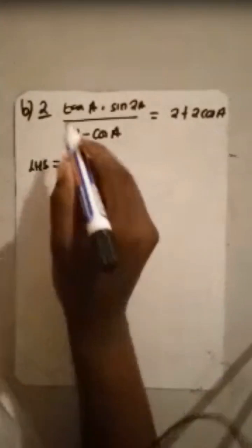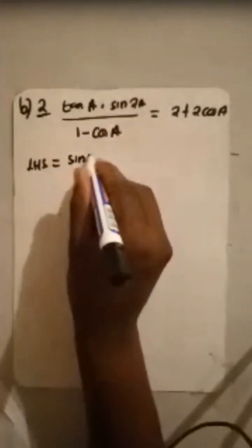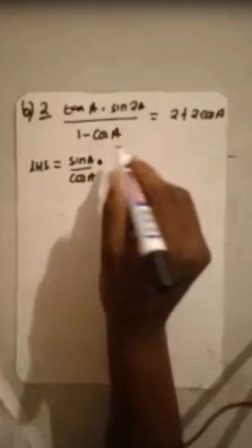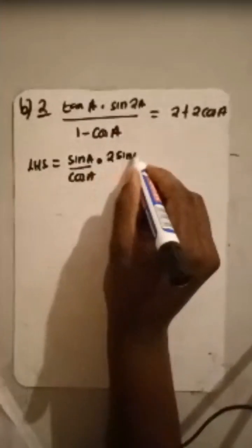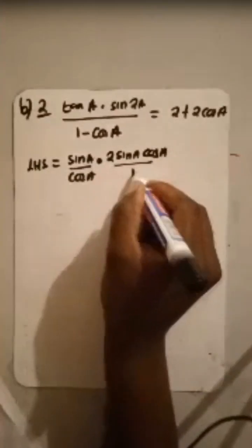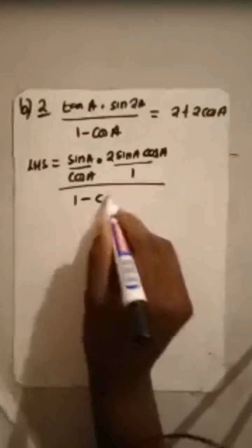Where there's tan A, I'm going to change tan A to sine A over cos A, multiplied by sine 2A, the expansion is 2 sine A cos A, over 1 minus cos A.